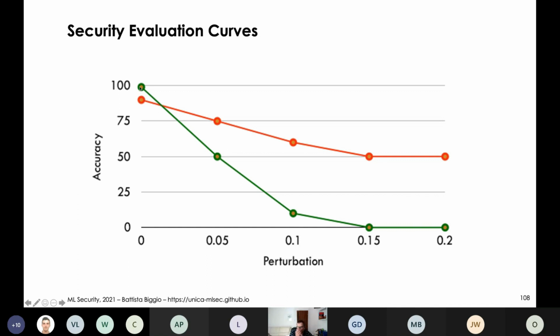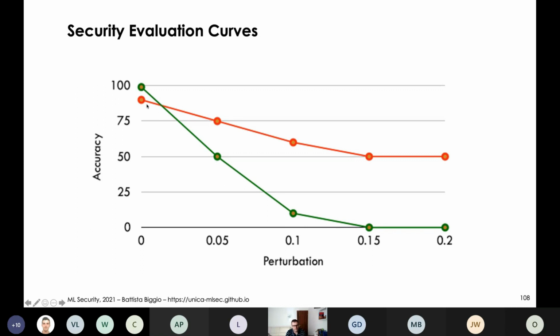So ideally, if you run the traditional cross-validation procedures, you would eventually pick this model on top. But by running the adversarial robustness evaluation, you discover that the green model is more accurate at the beginning, but then it's very inaccurate when it goes under attack. As soon as the data deviates from the source distribution, the performance of the model drops significantly.